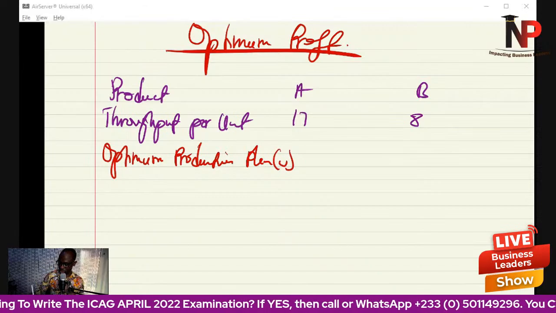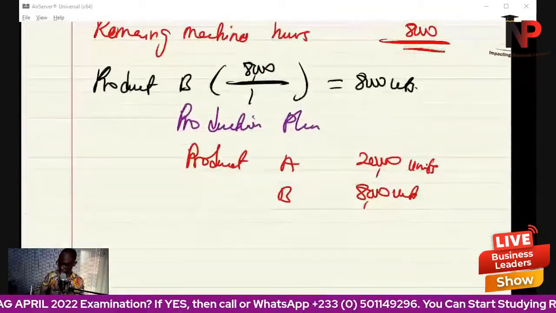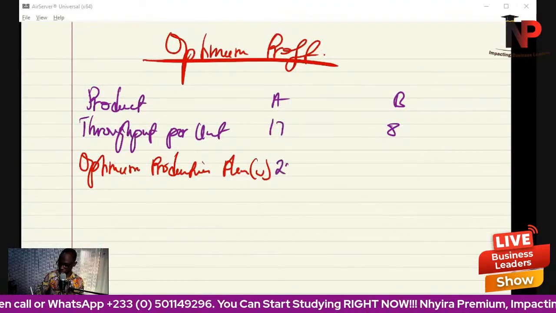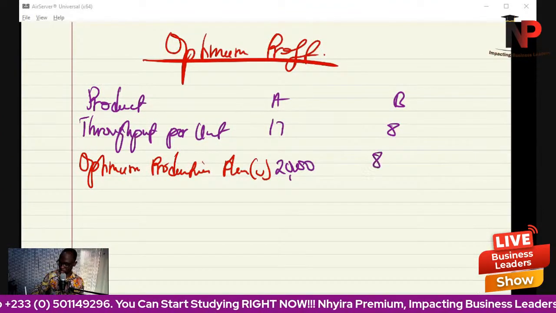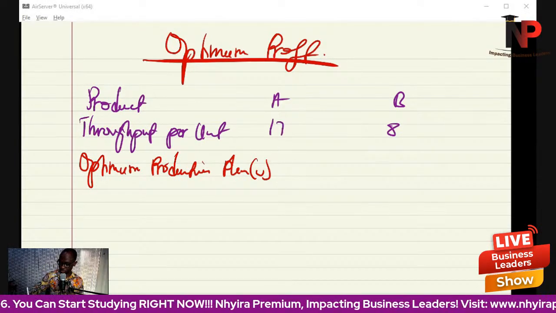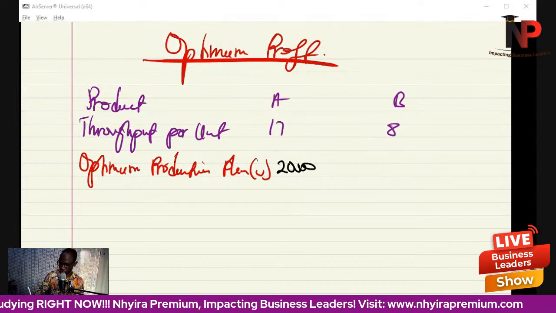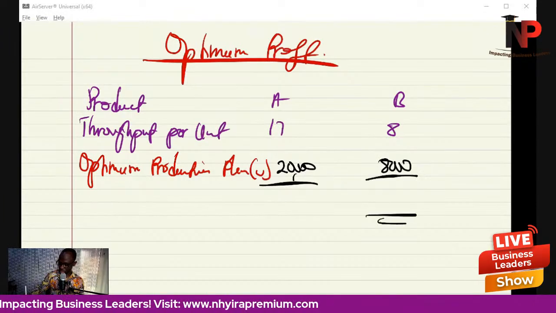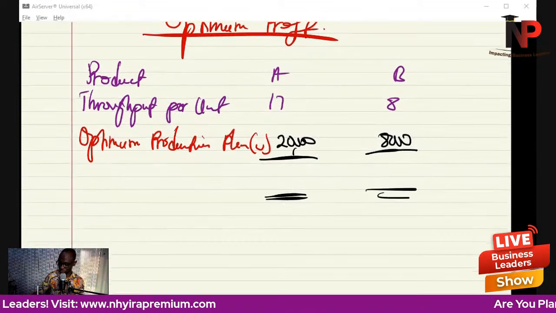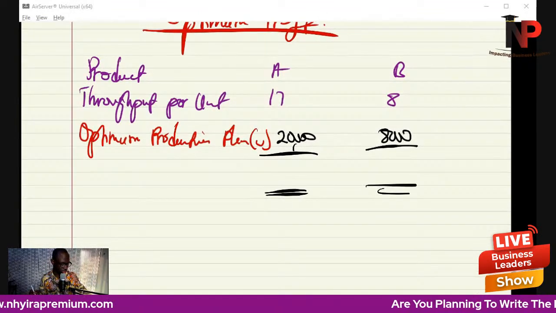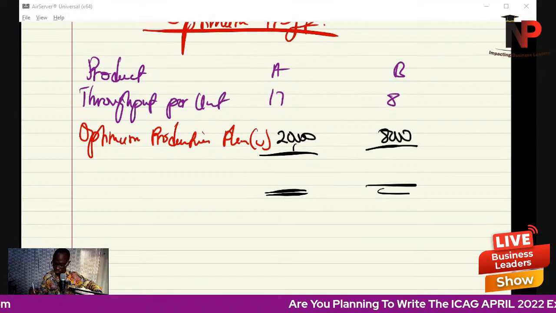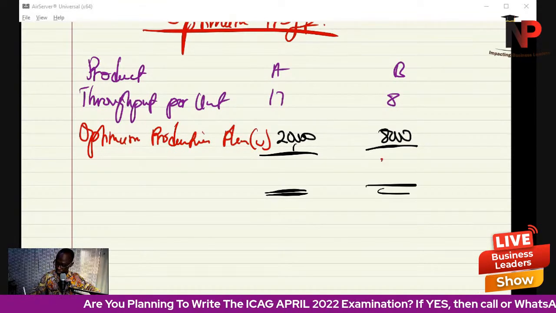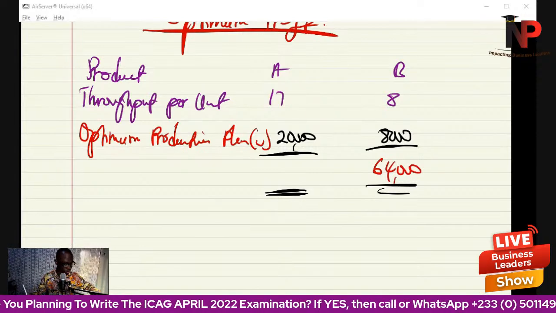And we are making how many? All of A, 20,000, and 8,000 of B. So you multiply up to give us the total throughput. So 8 by 8 is 64, so that should be 64,000.